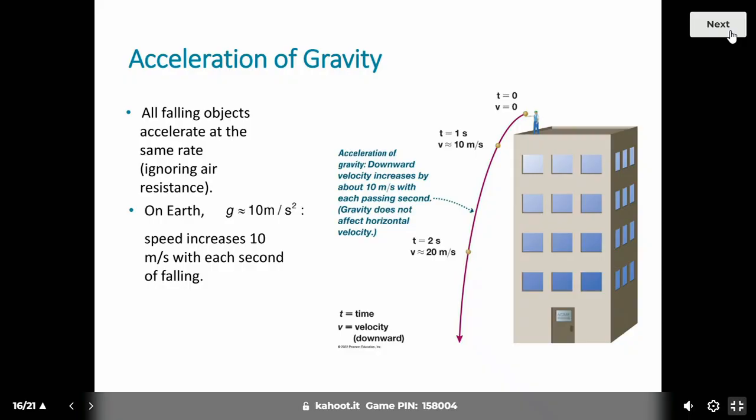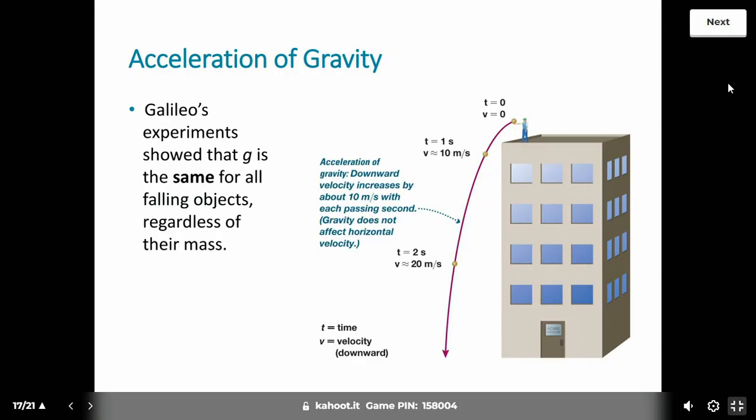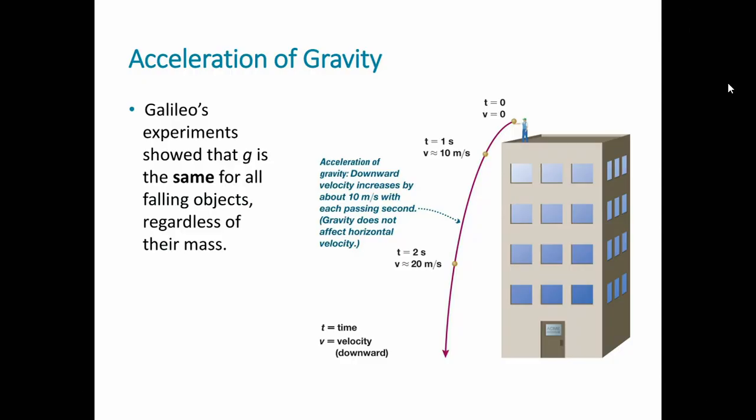And so we'll come back to this idea of gravity later on in the class. Yeah, so Galileo showed that the acceleration g was the same for all objects. So if I tossed a pebble off of the roof versus a bowling ball, they would all have the same acceleration, even if one was bigger than the other one.